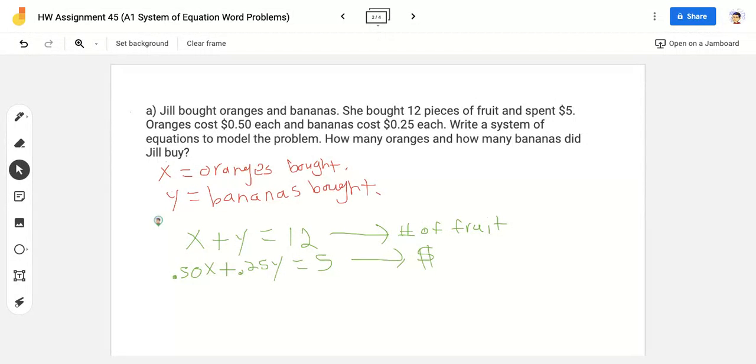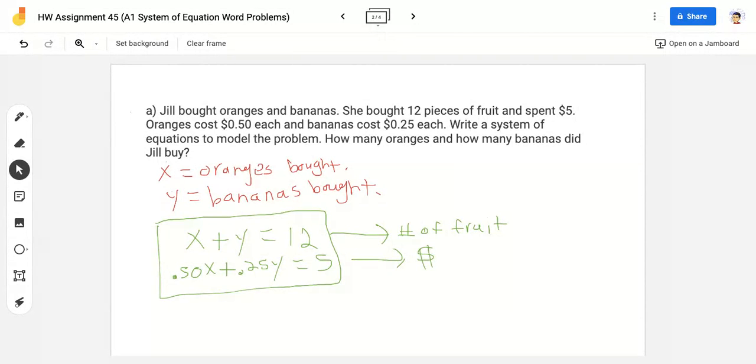It helps to determine what each equation is going to represent. X amount of oranges plus Y amount of bananas equal 12 total fruit. 50 cents times however many oranges plus 25 cents times however many bananas is going to be a total of $5. And there is your system. I'm not going to focus on solving them, but if we were to solve it, then we could determine how many oranges and how many bananas were bought.